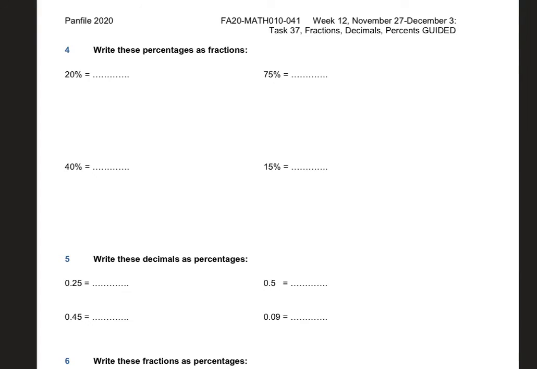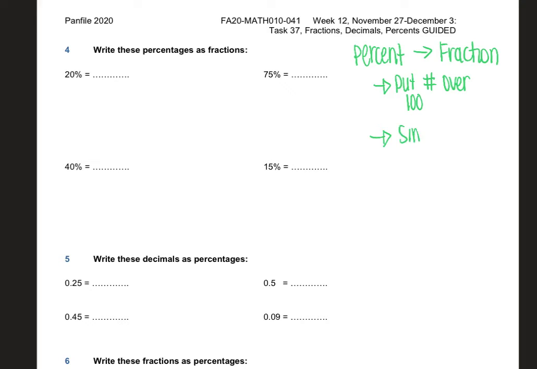Now, writing a percentage as a fraction. You want to put it over 100 and then simplify. Okay, now this one essentially is very, very similar to just a decimal to a fraction.